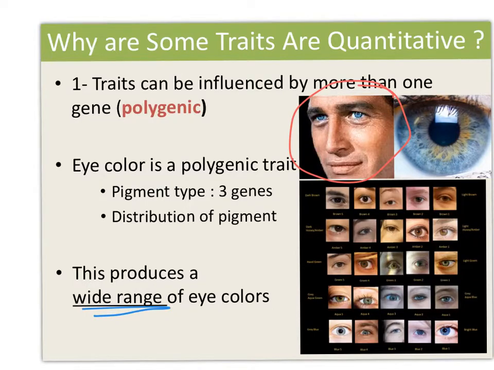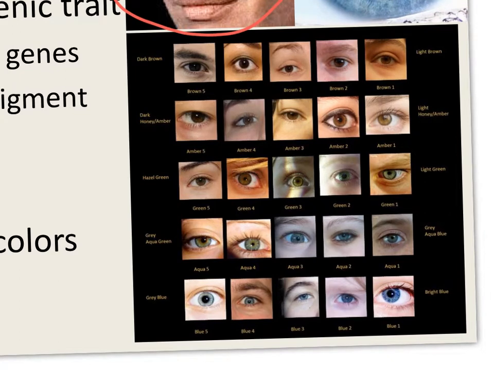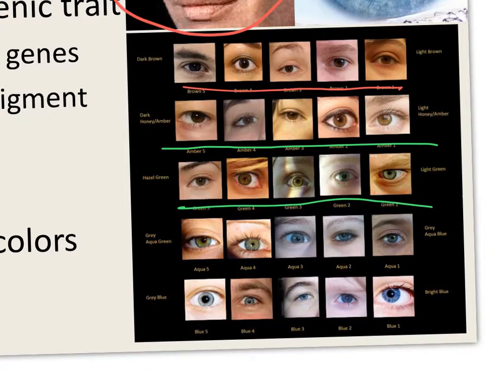But if we actually look at different eye colors, we have dark brown to light brown, to amber and green, aqua, and blue.